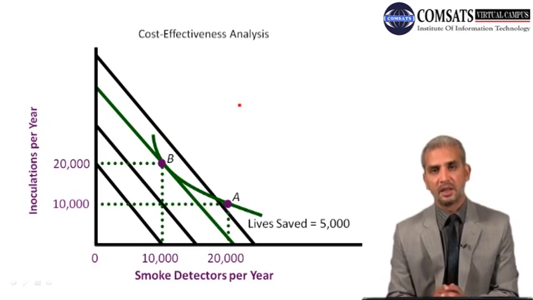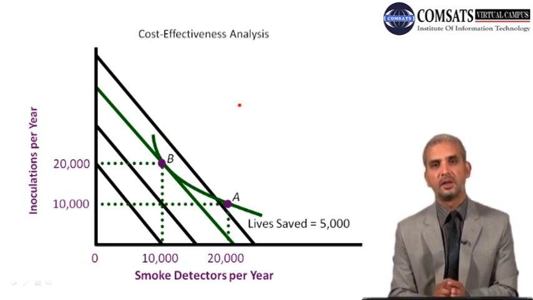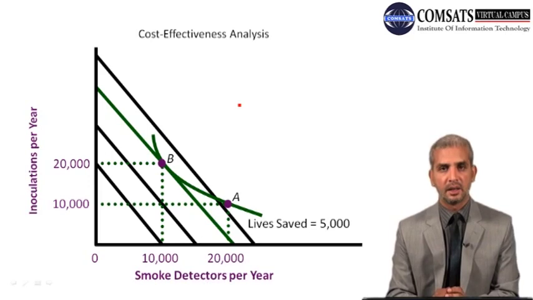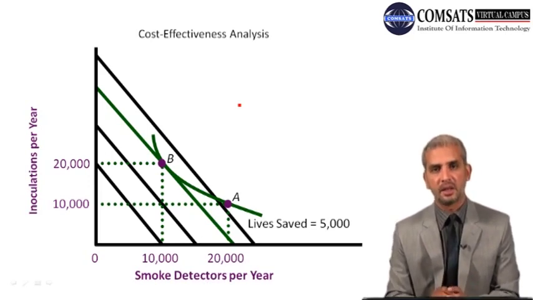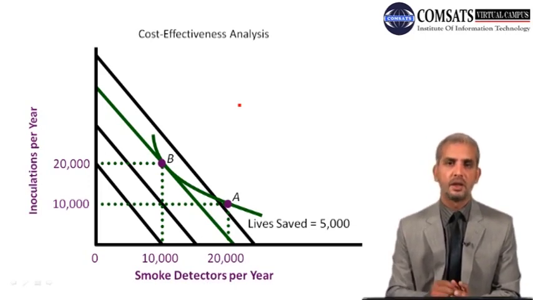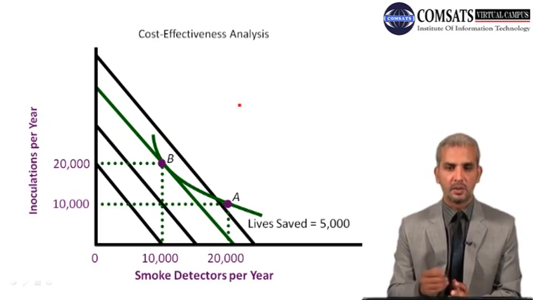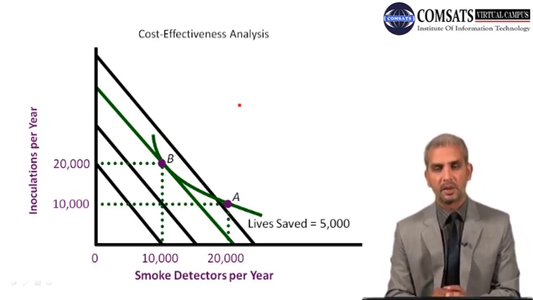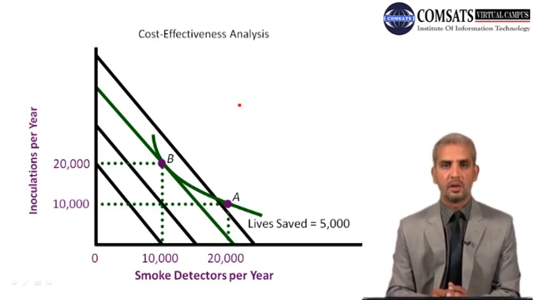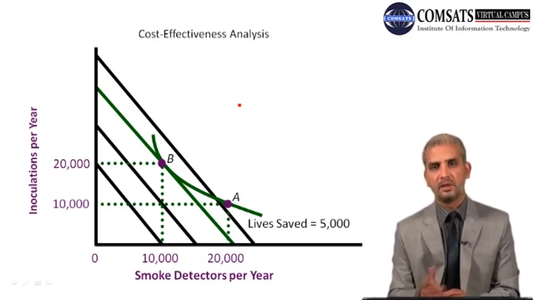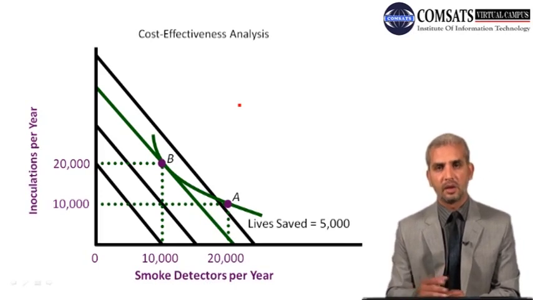This could not have been done if all these programs were evaluated on an independent basis, with no comparative analysis among them in terms of iso-count and iso-cost. It would be very difficult for policymakers to evaluate which program is the best optimal program, and how to allocate the budget between these two programs to result in the optimal level of output.